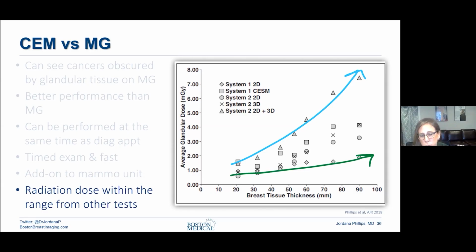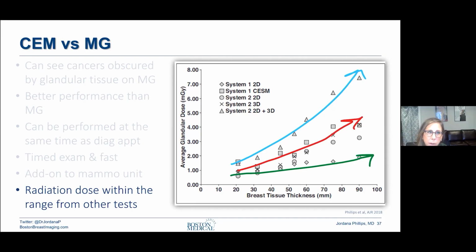A second vendor, which was 2D images only, had the lowest radiation dose across breast tissue thicknesses. And this is where contrast mammo fell. So the dose of one of these contrast mammo exams, which include low energy and high energy images, was within the range of what we were providing to patients on a daily basis.